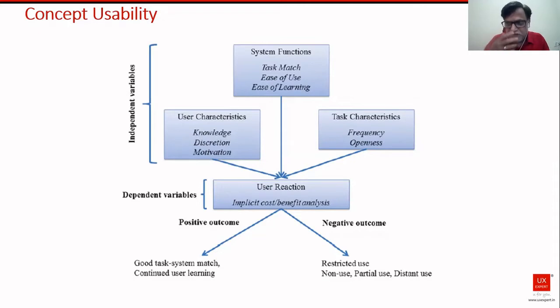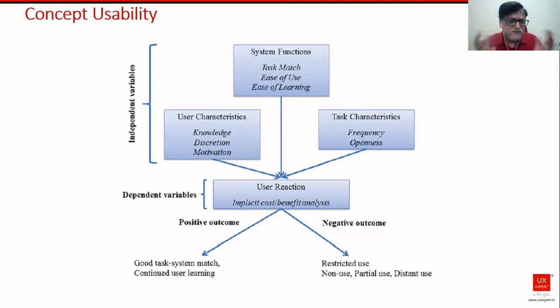Suppose I'm working somewhere and my boss says, you have to use this software for timesheet management. I'm not motivated. Why should I use this software? But yes, why am I using it? Because my boss has said so. So there is no motivation, but still I'm using that software. So these are the three characteristics when you study the user.